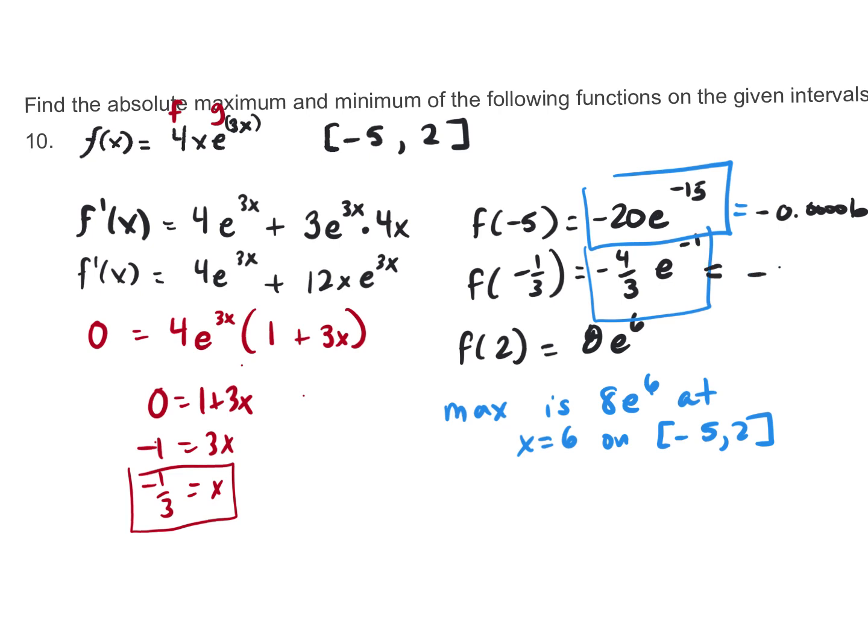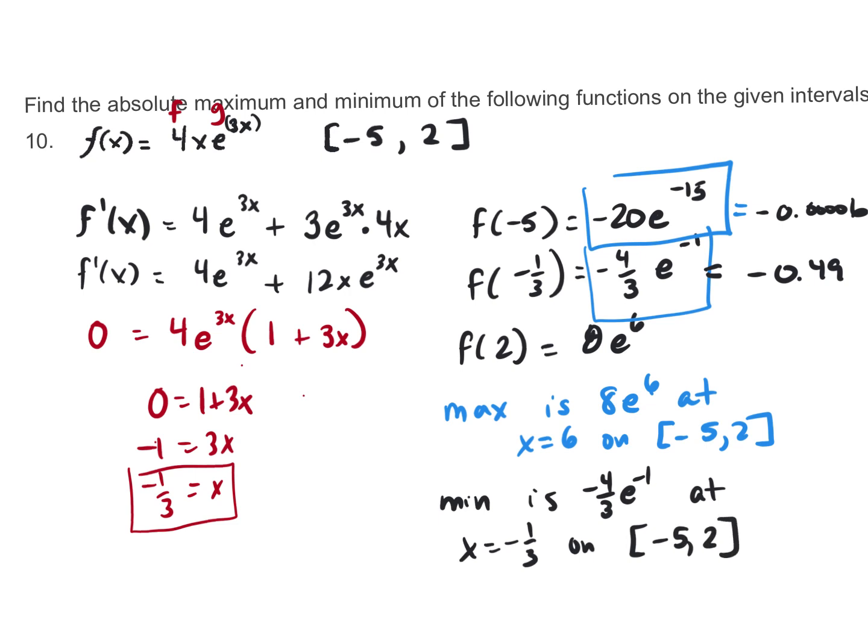And this one's about negative 0.49. So obviously the min is going to be negative 4/3 e to the -1 at x equal negative 1/3 on our interval -5 to 2.